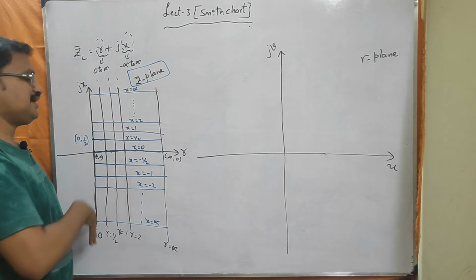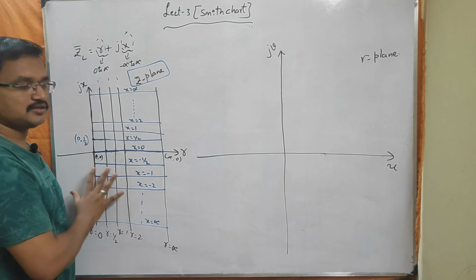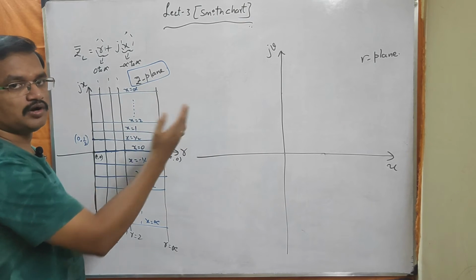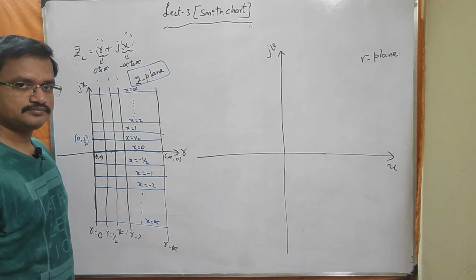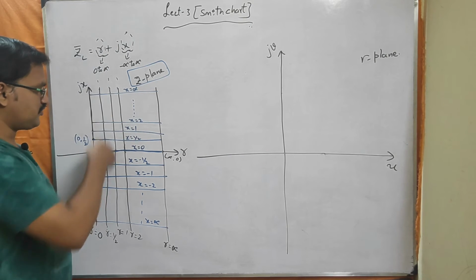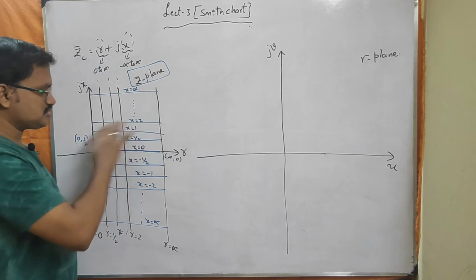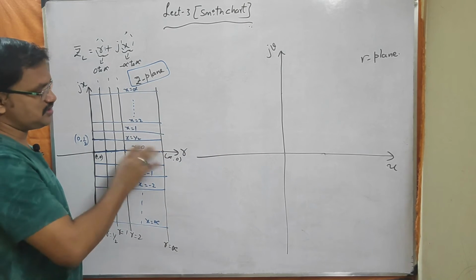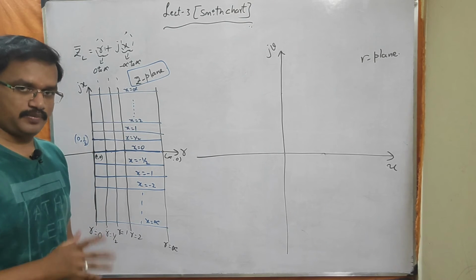That means the straight lines on this impedance plane are transformed into what? Are transformed into circles on the gamma plane. Yes or no? So for these vertical lines, we got constant resistance circles on the gamma plane, and for these horizontal lines, we got constant reactance circles on the gamma plane.